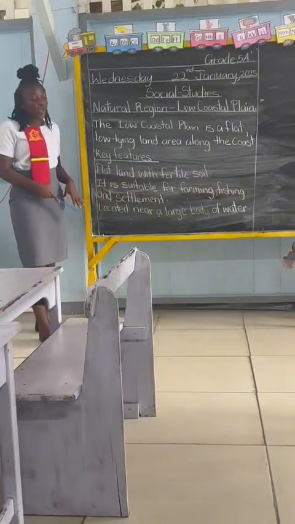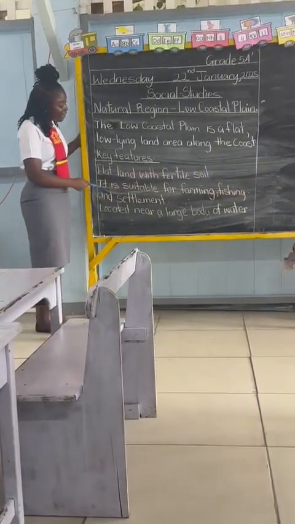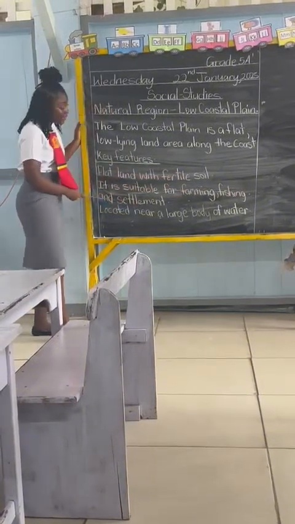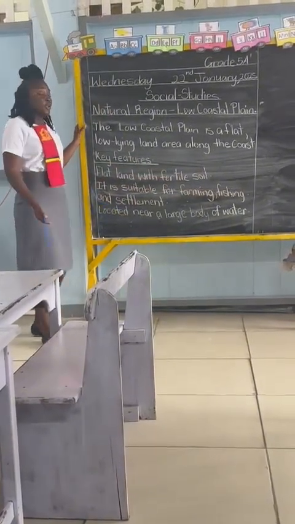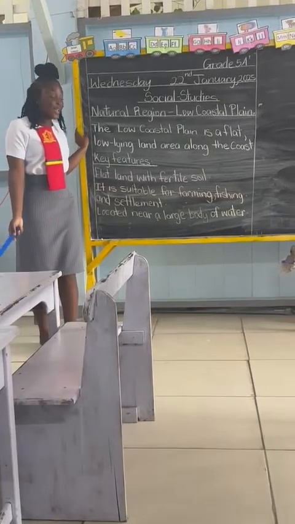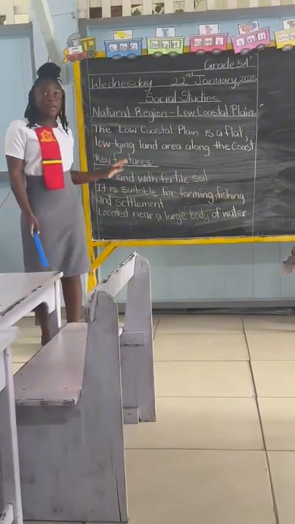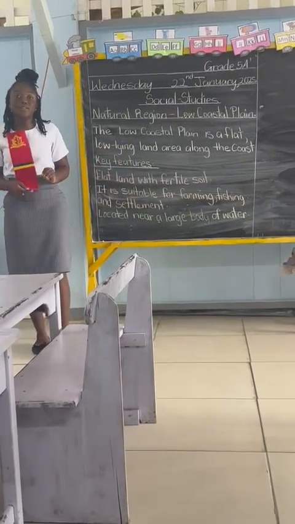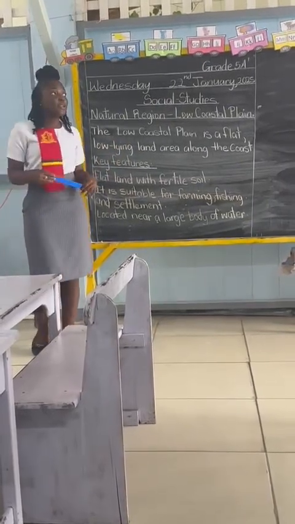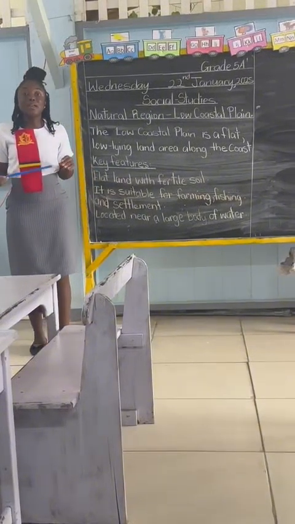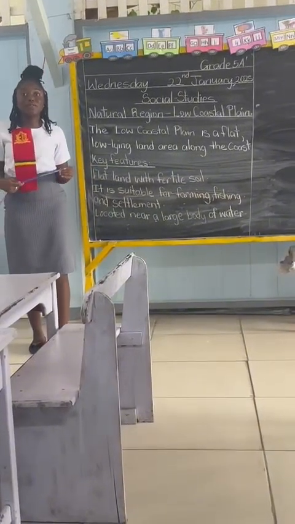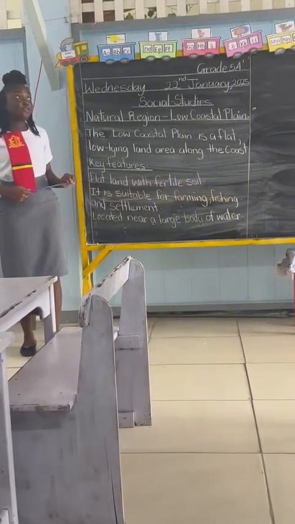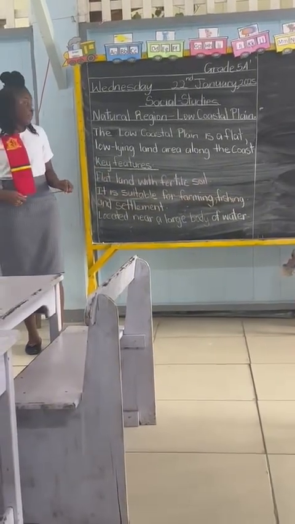Also, the second point states, it is suitable for farming, fishing, and settlement. Like what you just said, when we heard of settlement, you said that is where we are living, right? Settlement talks about the place in which persons live. So, that is correct that you said the place where we live.